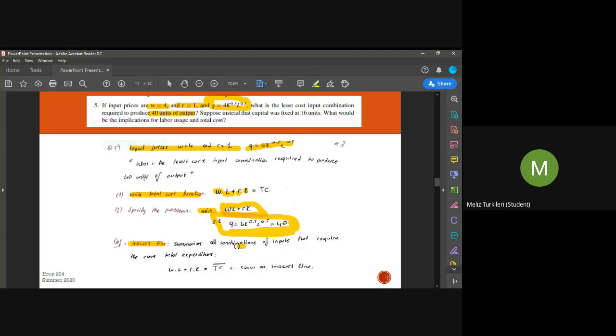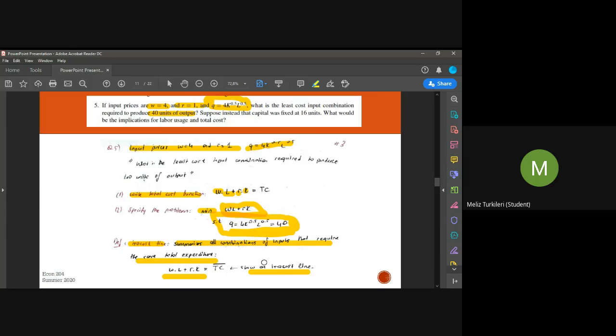And we need to know the definition of the isocost line. It summarizes all combinations of inputs that require the same total expenditure. So I know that we have this total cost, and if we take it as a constant, we find a constant level for this total cost, which is going to show an isocost line.